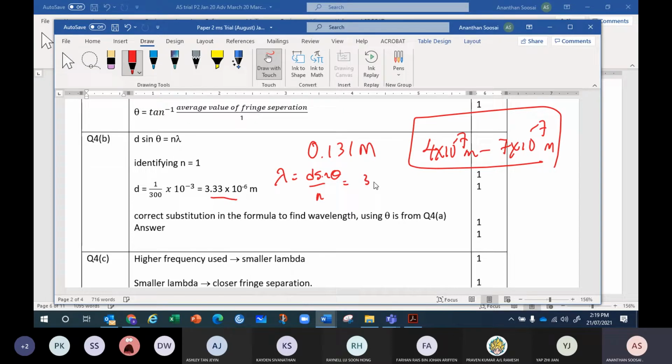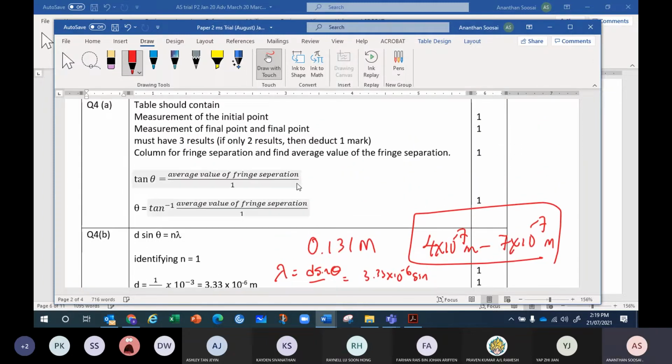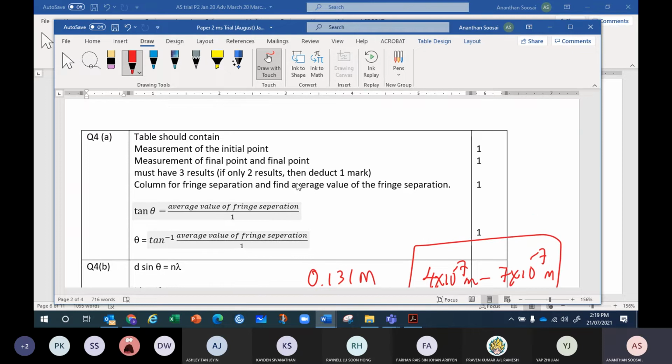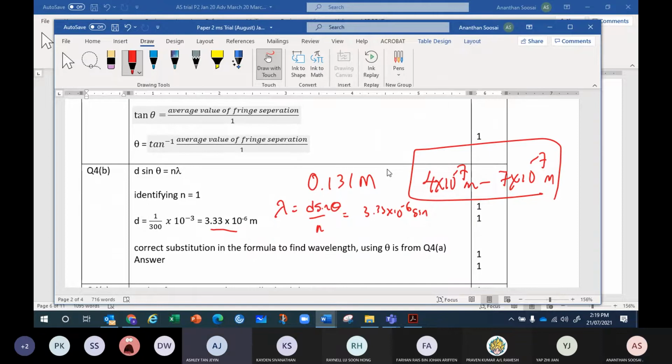This is your d, 3.33 times 10 to the power of -6, sine theta, the angle you got above. It's all without values, so shift tangent average value of the fringe divided by 1. How much is the theta you got? I got 7.52.